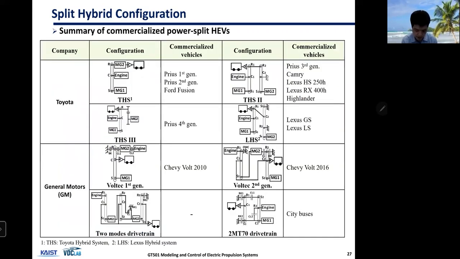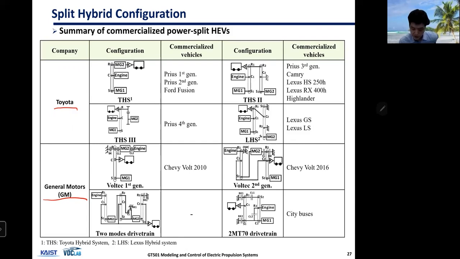Toyota and General Motors have usually been using split hybrid configurations, and these are some of the designs they came up with. The point here is that there are many types of split hybrids.